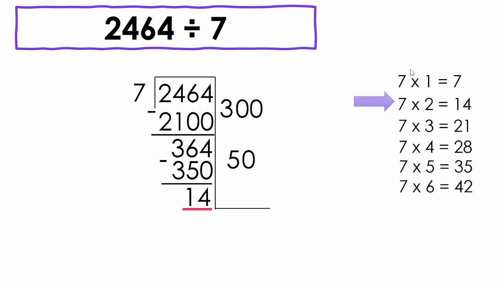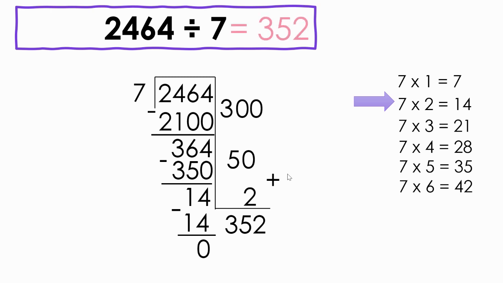So we know that 7 times 2 equals 14. Now we can subtract. 14 minus 14 equals 0. When the number down here is less than our divisor, we know we're done dividing. Finally, we can add up all of these numbers here. 300 plus 50 plus 2 equals 352. So 2,464 divided by 7 equals 352.